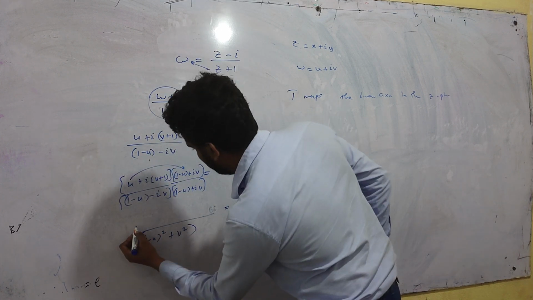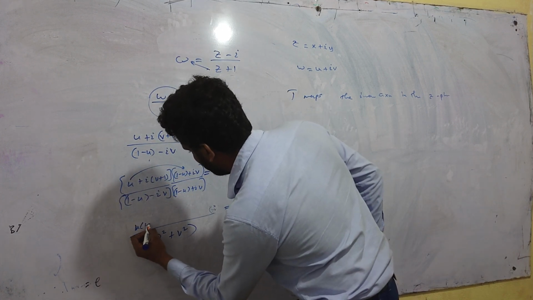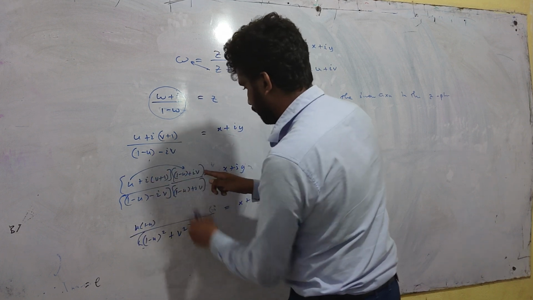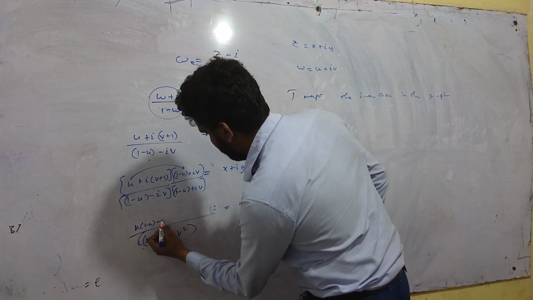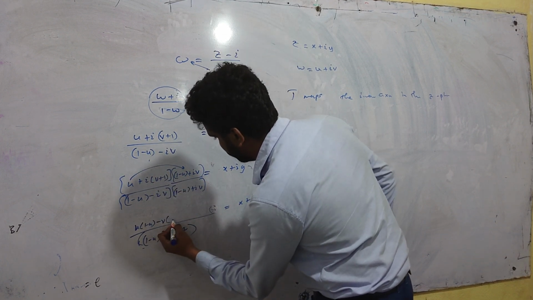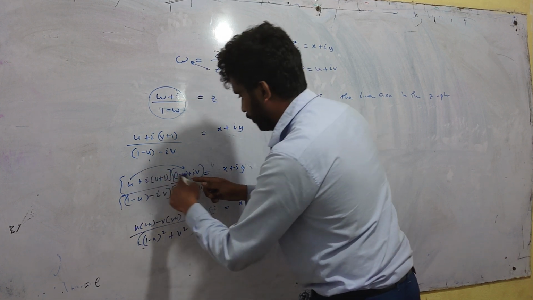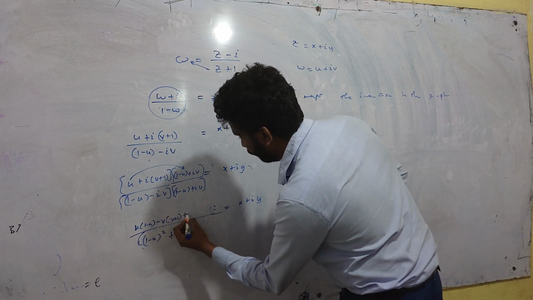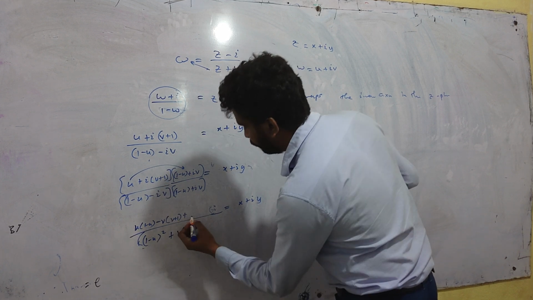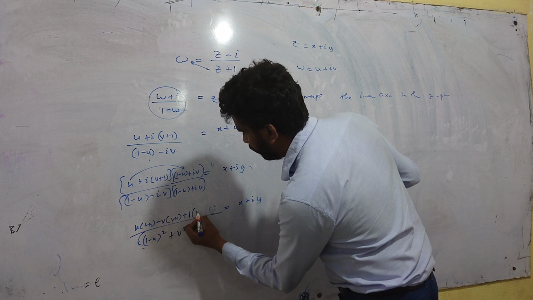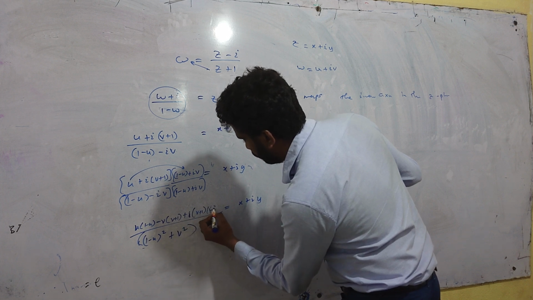This is u into 1 minus u. This is minus v, because i squared is minus 1, then v plus 1. The other part, the iota part, that's the most significant: iota v plus 1 into 1 minus u.